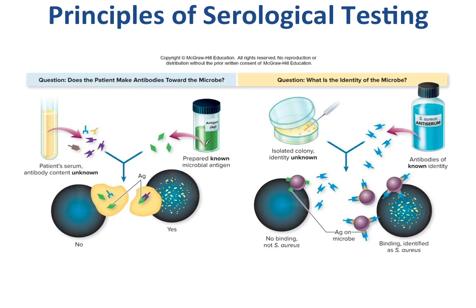So we can mix the patient's serum with a known microbial antigen. If agglutination happens, that means there is an antigen-antibody reaction, so the patient has been exposed to that disease.